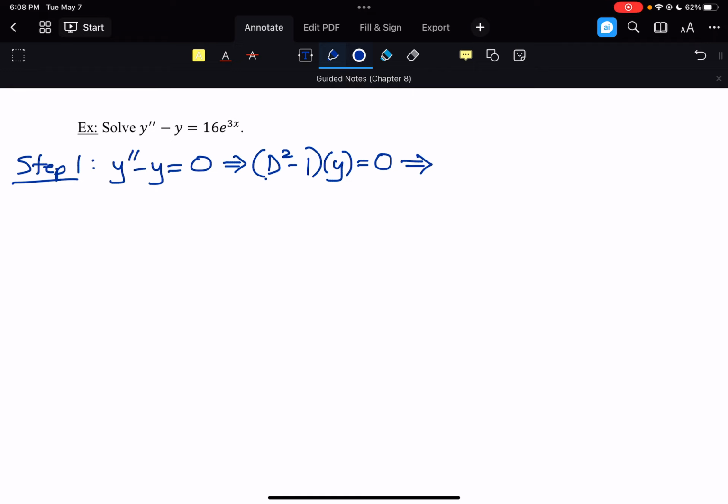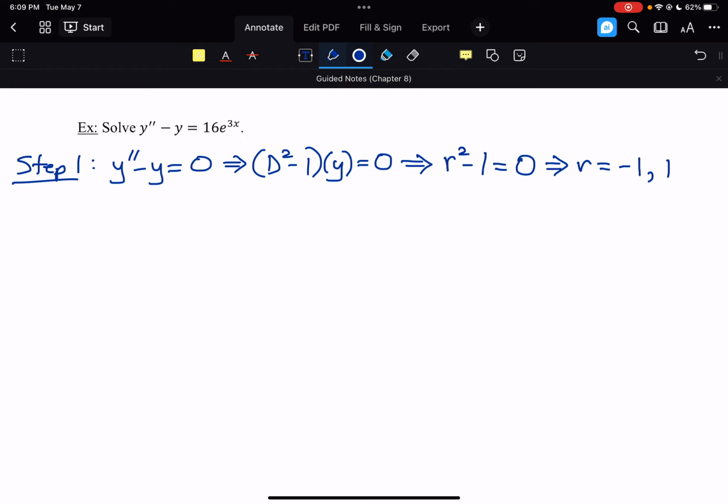Then we convert this derivative operator notation to our auxiliary polynomial and set up our auxiliary equation, where we take r and replace it for D. So we get r squared minus 1 equals 0, so we get r equals negative 1 and 1 for our two values.